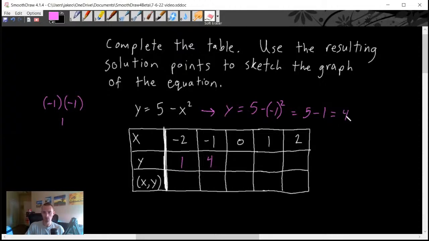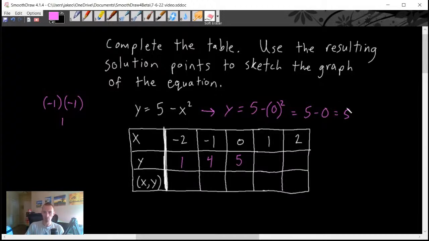Okay. Then we do this for x equals 0. I'm hoping you're getting the pattern here. We really just keep going back to our original equation, replacing all of our x's with whatever x number we're given in this top row here. In this case, 0 squared is 0, so 5 minus 0 is just 5.